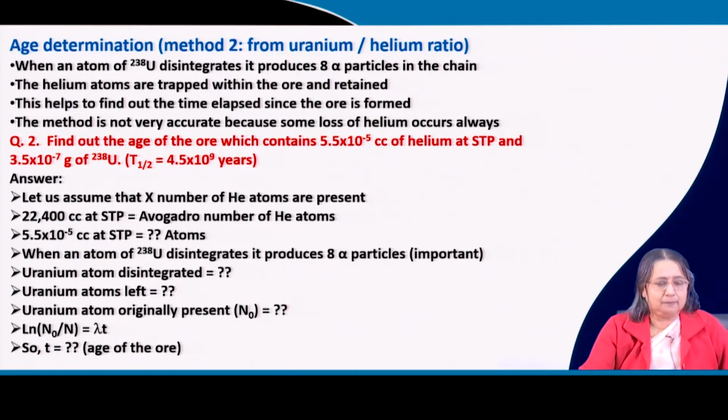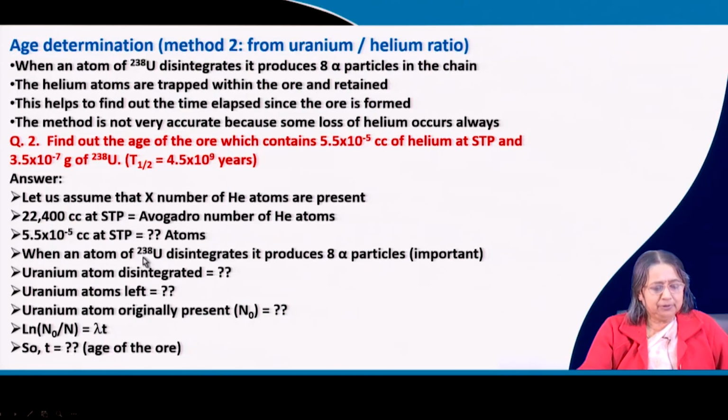Let us assume that x number of helium atoms are present. 22,400 cc at STP is equivalent to Avogadro number of helium atoms, that we know. So this much cc at STP is how many atoms?